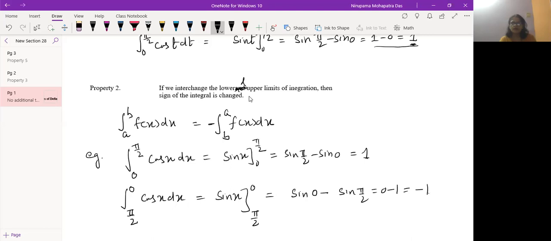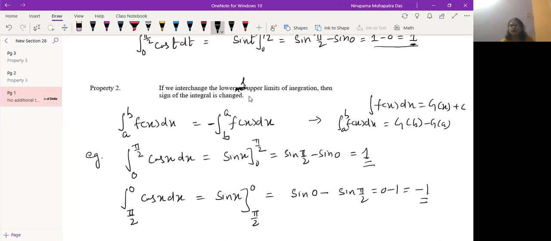So here you can see 1 and minus 1. Why does this happen? Suppose the integral of f(x) dx is g(x) plus c. When I take the integral from a to b of f(x) dx, we get g(b) minus g(a), the value of the integral at the upper limit minus the value at the lower limit.